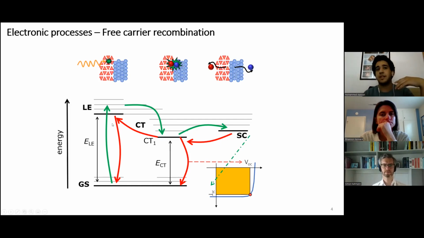Sometimes, if the CT state and the LE state are close in energy, we can also go back to the LE state and recombine from there. And these recombination processes are what limit our open circuit voltage. The point is to minimize these to get the highest VOC and therefore the highest PCE, whilst not reducing the short circuit current.